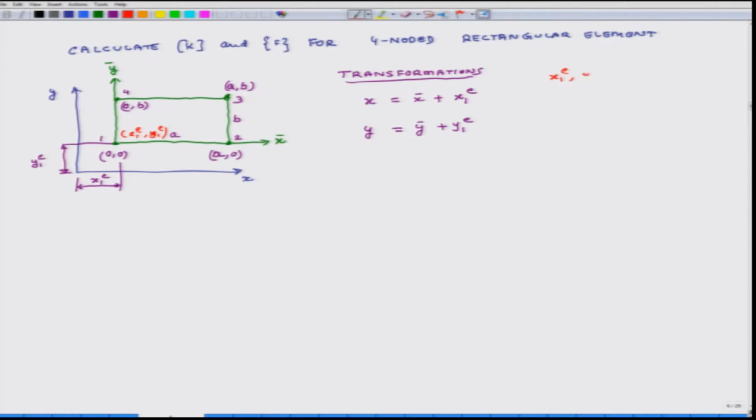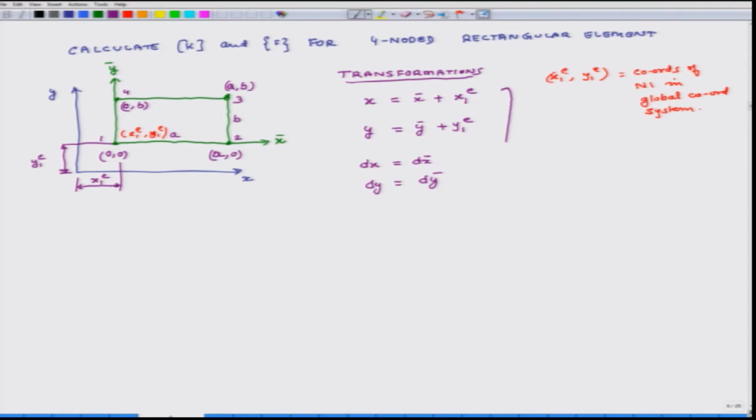In which system? Global coordinate system. And in the local coordinate system, the coordinates of the first node are 0, 0. The other thing is dx, if I differentiate the first equation, is the same as dx bar, and dy is the same as dy bar.